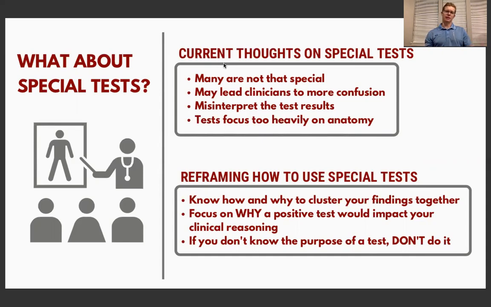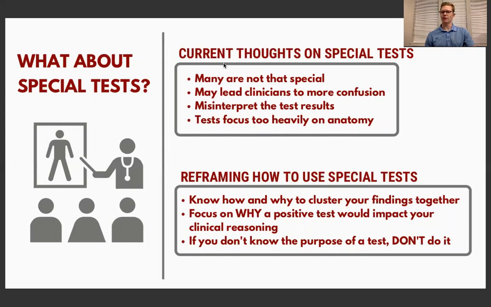And then finally, the tests often heavily focus on anatomy. Let's take the Hawkins-Kennedy test again, which we know by itself isn't very good. The Hawkins-Kennedy tests for shoulder impingement. Now, impingement is a catch-all term generally, so it could be that impingement is due to a rotator cuff tear or to a labrum injury.